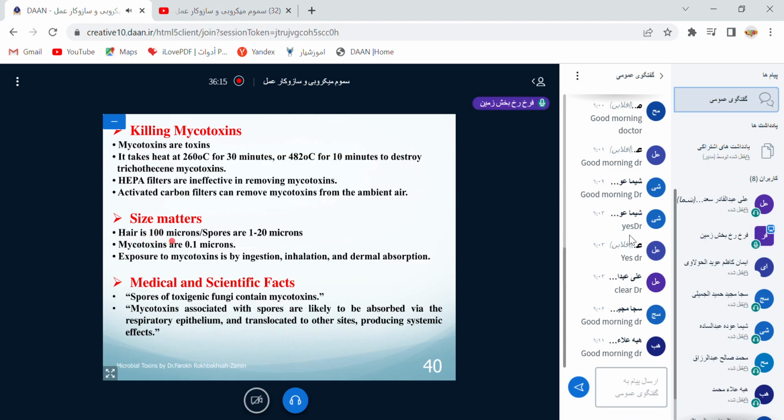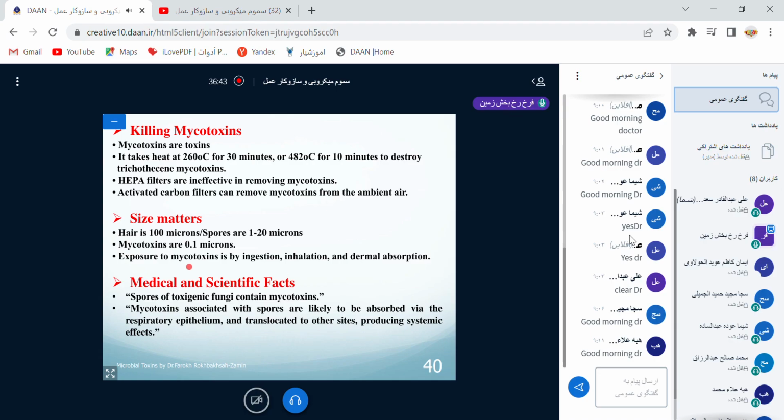Hair is 100 microns. Spores are 1 to 20 microns. And mycotoxins are 0.1 micron. So we can understand they are very small in size.